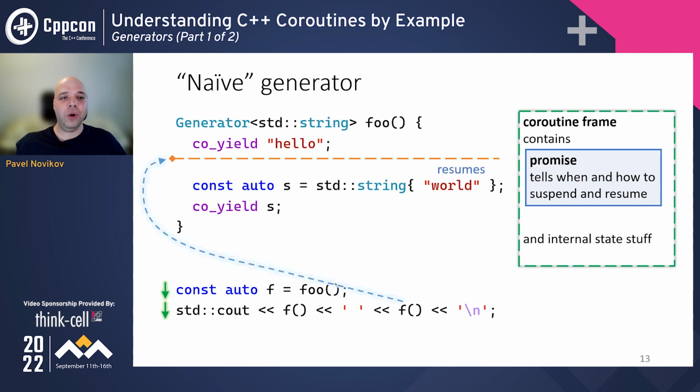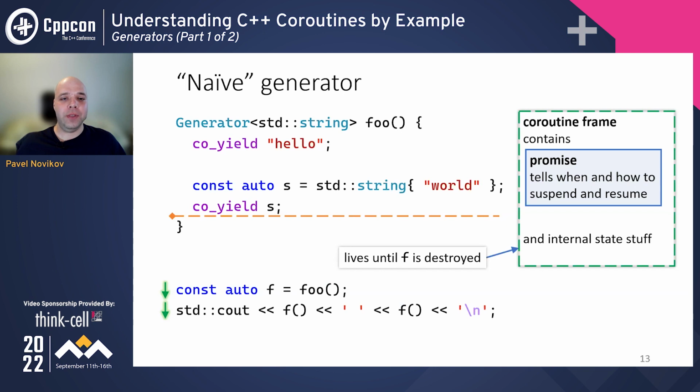The next call again resumes the coroutine. We execute these statements. We yield the next value. After that, the coroutine again suspends because the promise type tells it to. And after that, we get back the yielded value and can print it to the console.